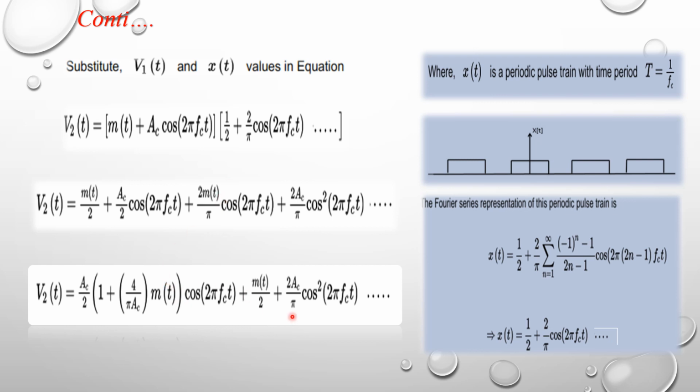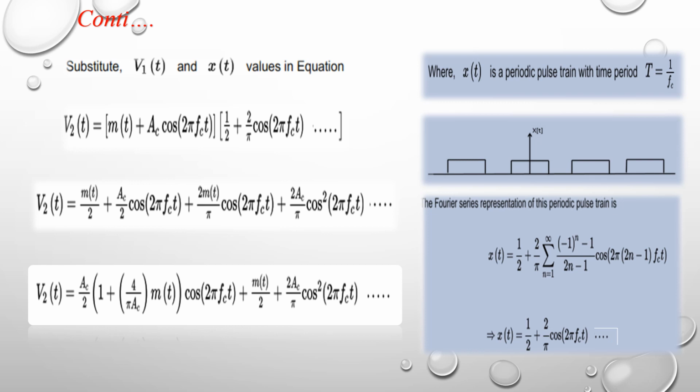The first and last terms we retain as they are: m of t by 2 plus 2 Ac by pi cos square 2 pi fc t. This is the output of the switching diode.